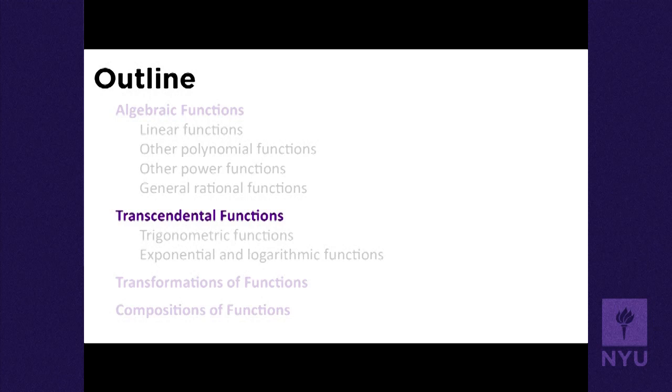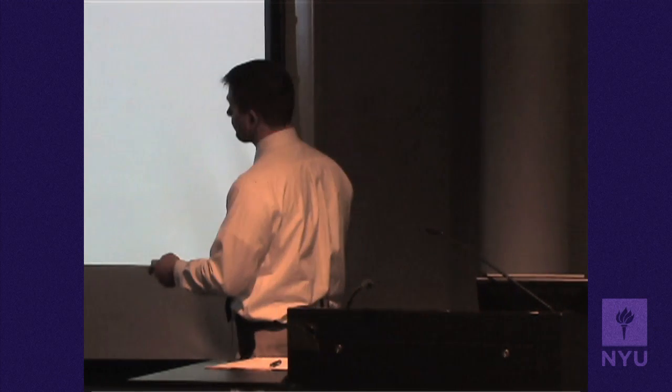But the things which are left are called the transcendental functions, not because they meditate, but because they lie somehow outside of the realm of the algebraic functions. Okay, they're defined in a completely different way, and it's harder to solve equations using these transcendental functions. The two biggest classes of the transcendental functions are the trigonometric functions and the exponential functions.